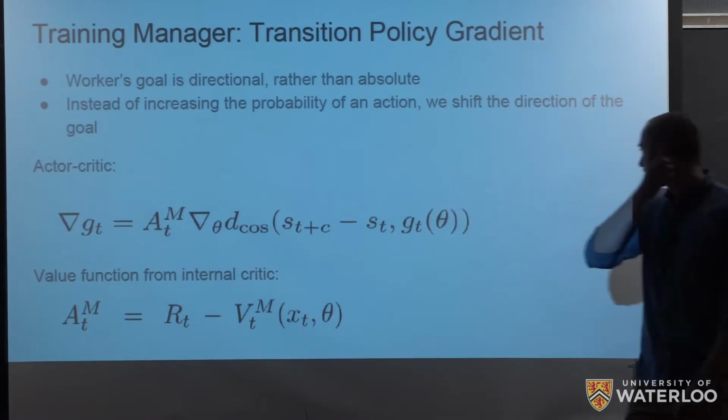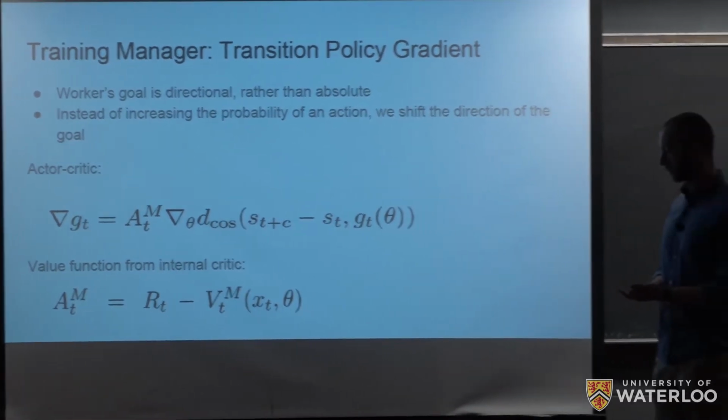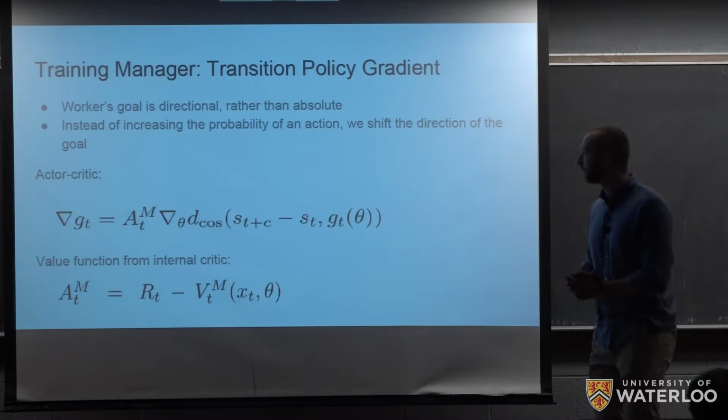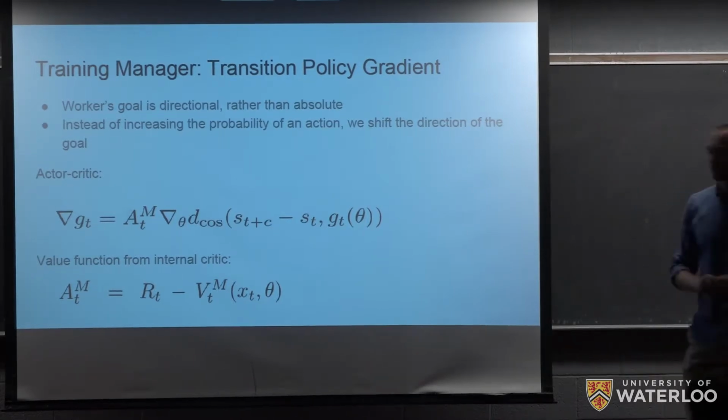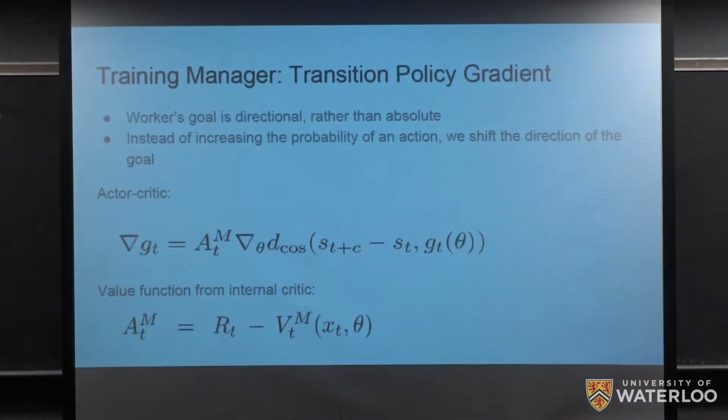What this is saying is that instead of trying to select good actions, we're trying to make the direction good. We want to output goals that are in a good direction as far as reward is concerned. So that's the whole idea of the transition policy gradient.